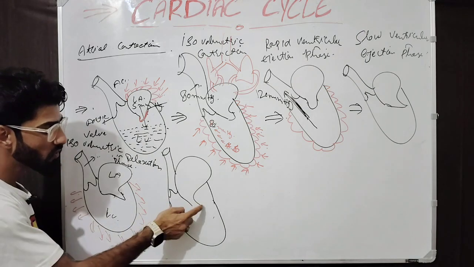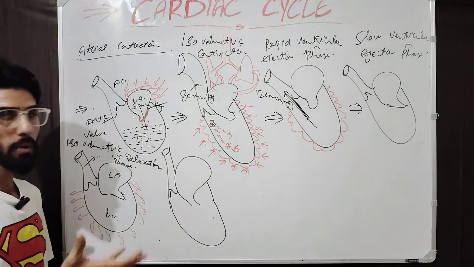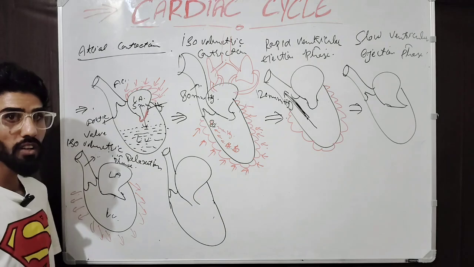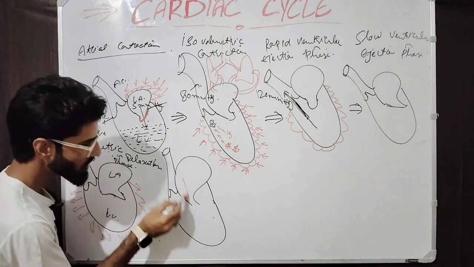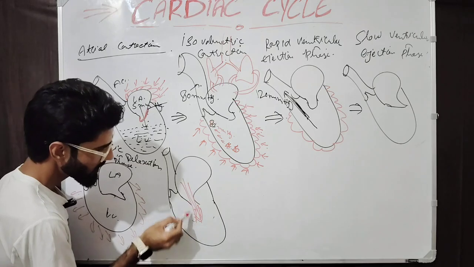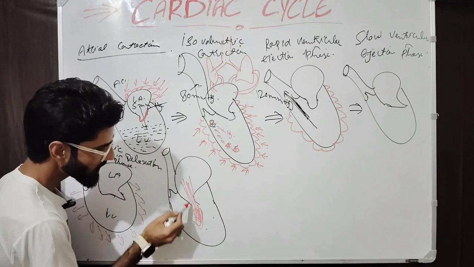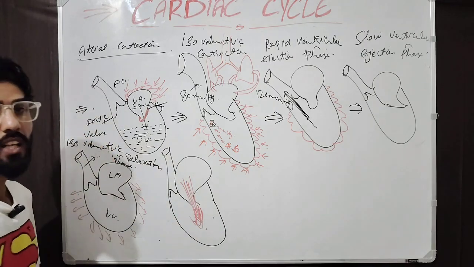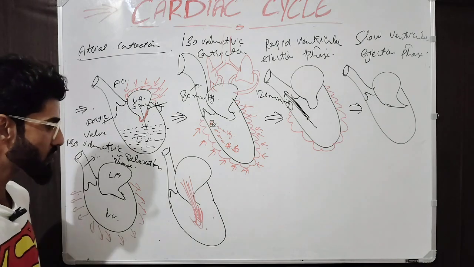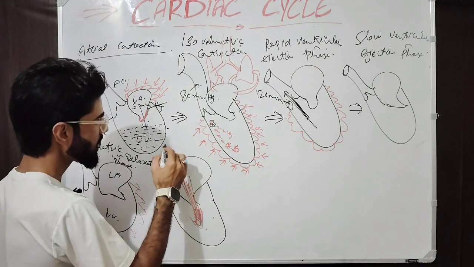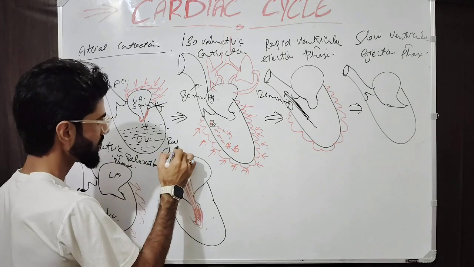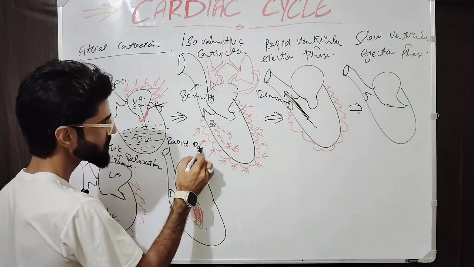When the mitral valve opens, the blood will rush from the atria into the ventricles, so the ventricle will be filled with high pressure. Understood? This phase we call rapid ventricular filling, or rapid passive filling.